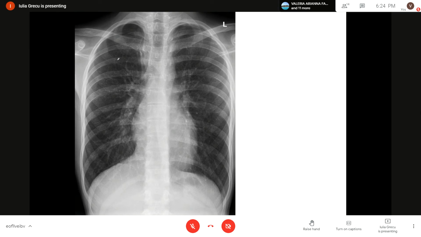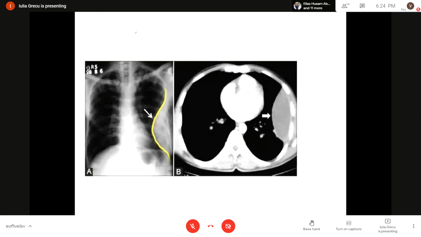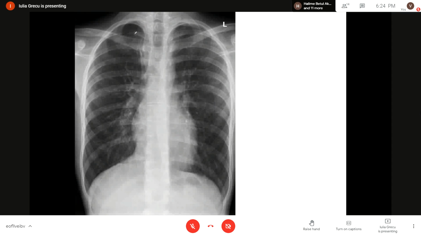So hyperlucency, no vascular shadows or markings, no visible lung markings over it, delineated medially by the thin visceral pleura, which looks like this thin opaque line. It represents a pneumothorax.